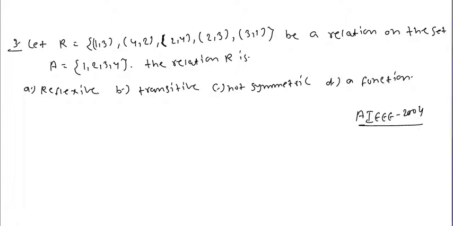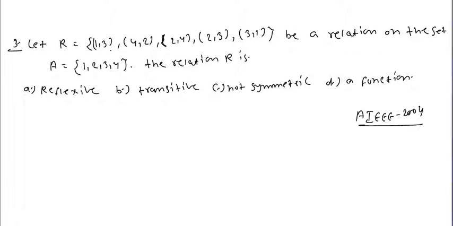Just check whether every element is related to itself. There is no ordered pair in which the first element is associated with itself. Thus, the first option is wrong.